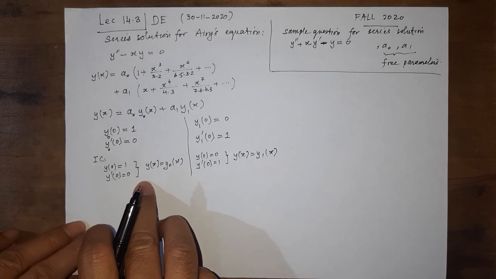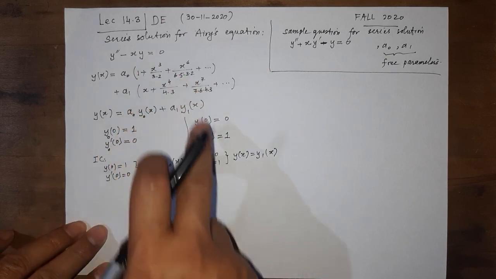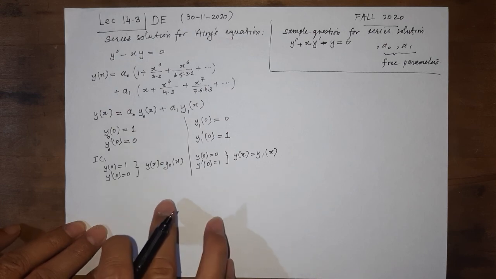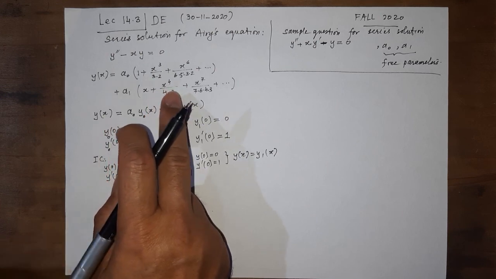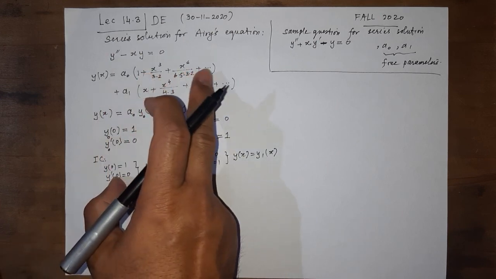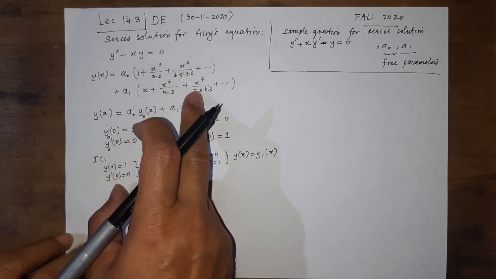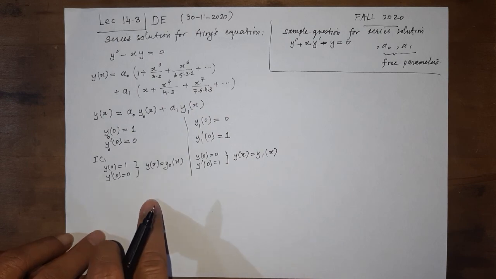When we are interested in the nature of a function, the y0 and y1 here, we actually are interested in looking at the graphs of it. Obviously, it is not easy to draw the graph of such a complicated series because we have large powers of x. So for any value of x, it's not easy to compute this and find the value.